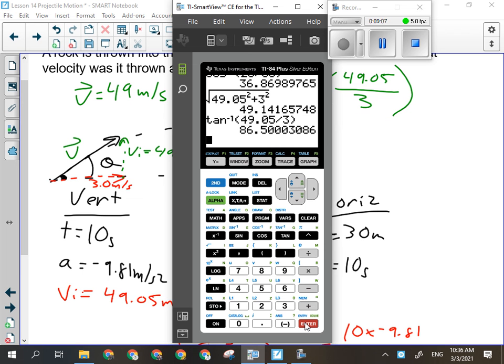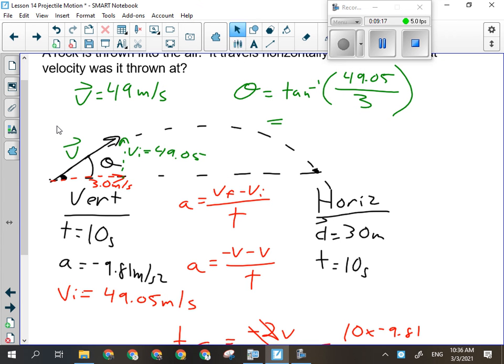Yeah, so pretty much straight up. They threw it at 49 meters per second at 87 degrees above the horizontal. So that'll be our final answer: 49 meters per second at 87 degrees above horizontal.